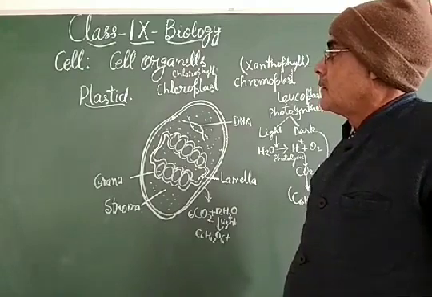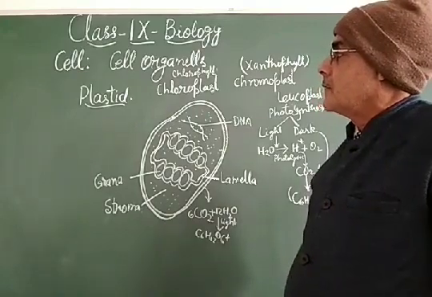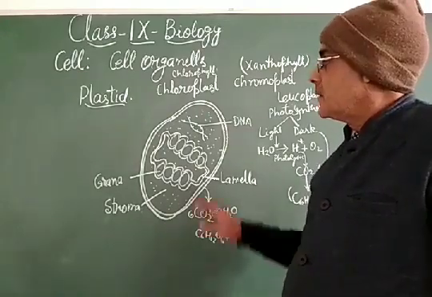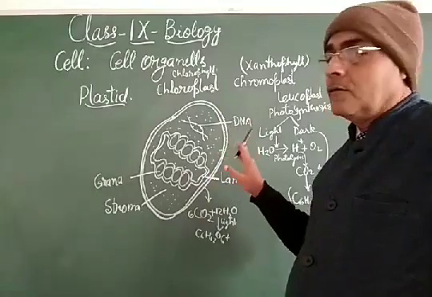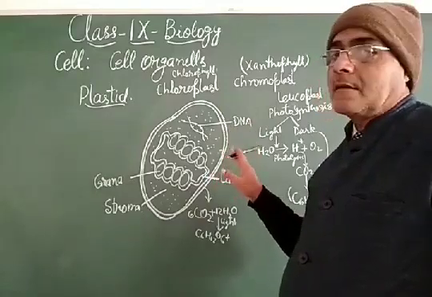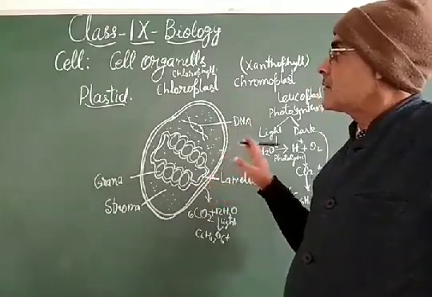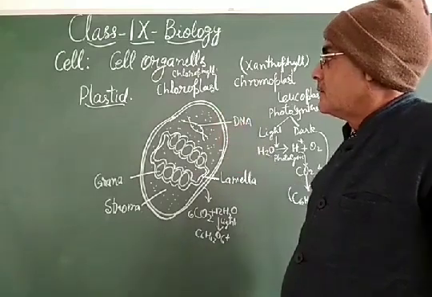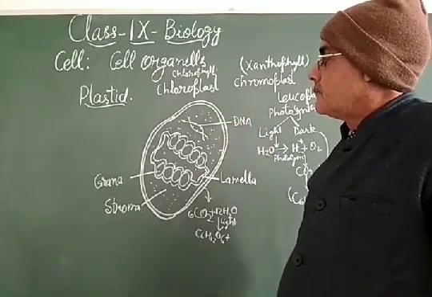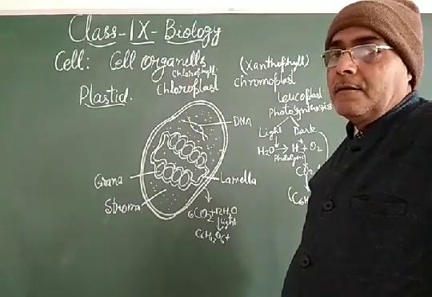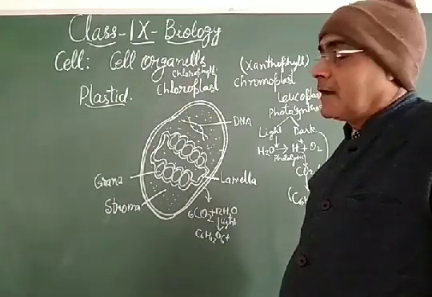Further, you can understand the functions of the cell, that this particular cell is functioning alone as a unit structure of the body, a unit structure of the living cell, the living plant.